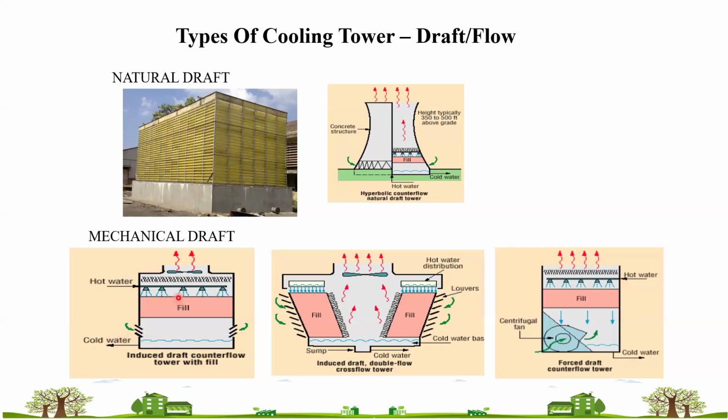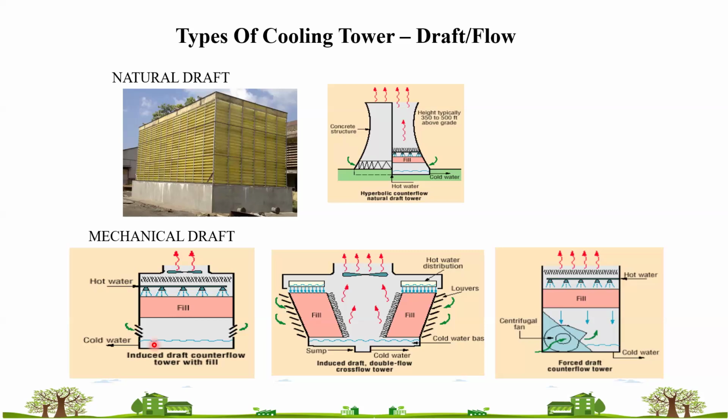Air passes from bottom to top, this is cold or ambient air, and heat from the surface of the hot water is transferred to the air and it gets circulated to the atmosphere. So it is an induced draft counterflow. Counterflow means water flows from the top and air flows from the bottom, and the cold water is collected in the basin and then circulated again to the system.